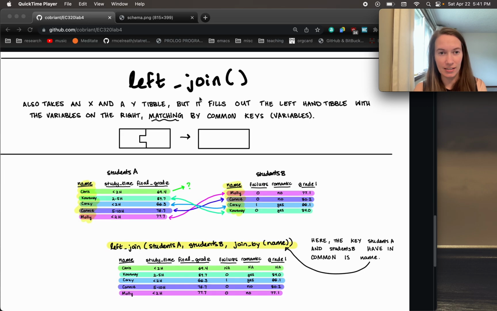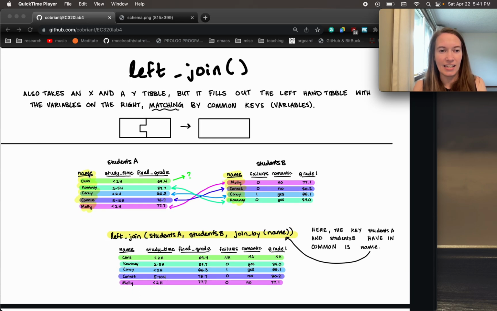So the difference is that I think of joins as kind of like you have two tibbles and you need to fit them together like puzzle pieces. That's my little diagram. So for instance, you have names here, and you have study time and final grade, and then you have names over here, and then you have different information about them. Failures, romantic relationship, grade 1.